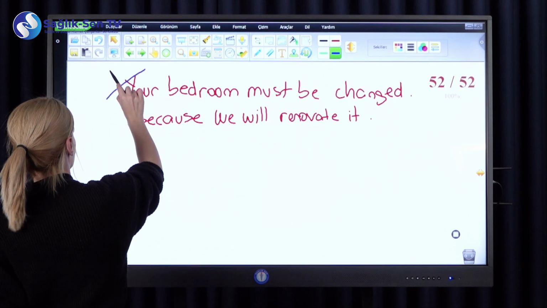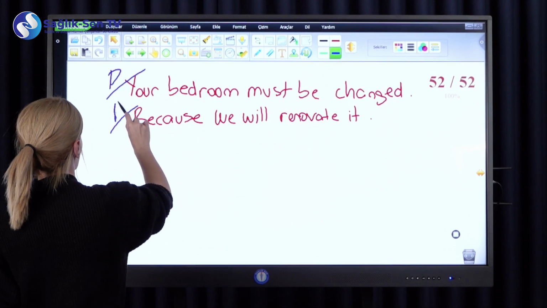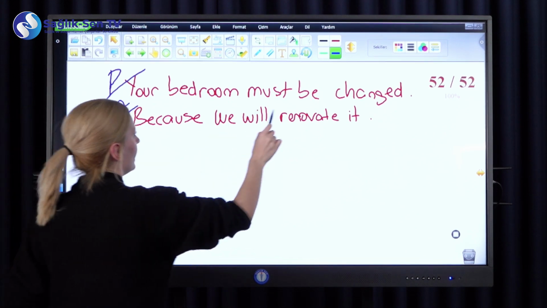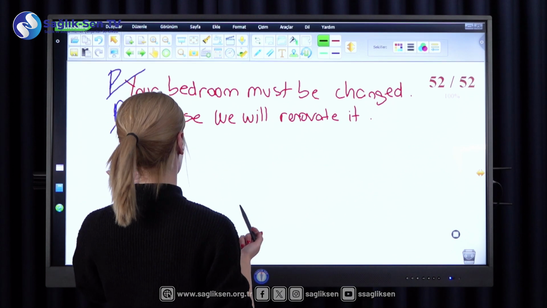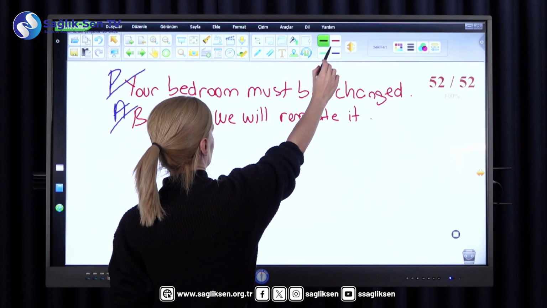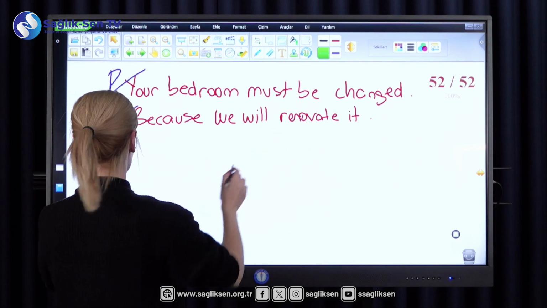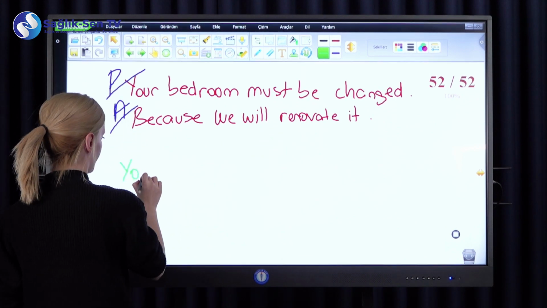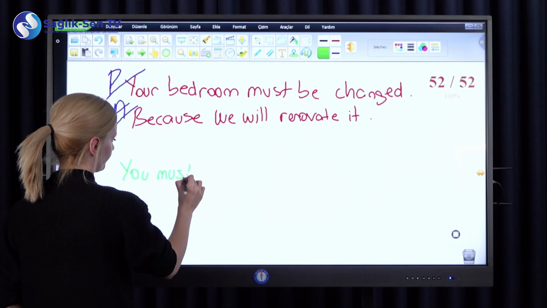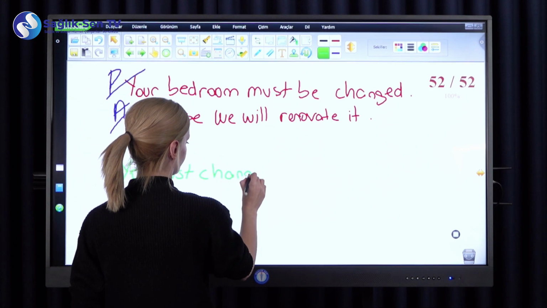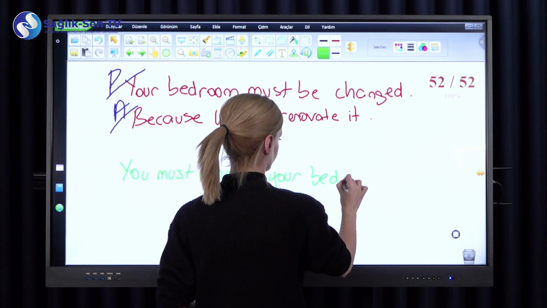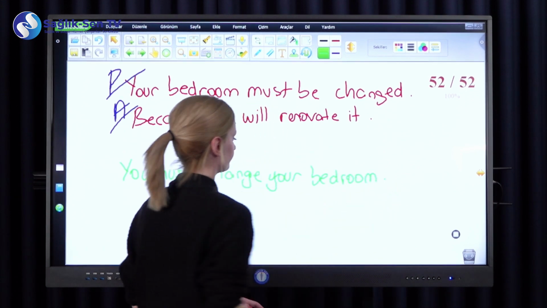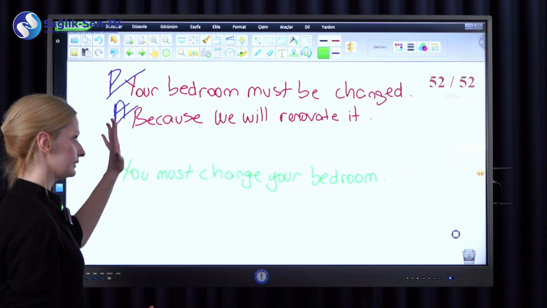First one is passive, the second one is active. And I will rewrite them and actually exchange them. Your bedroom must be changed. So I can say, you must change your bedroom because we will renovate it.